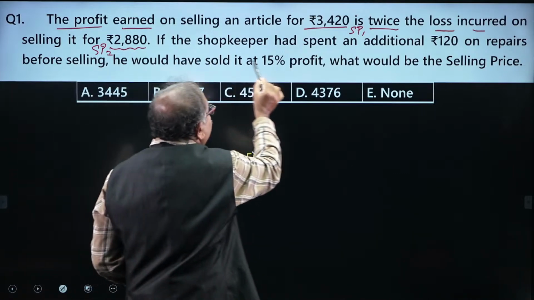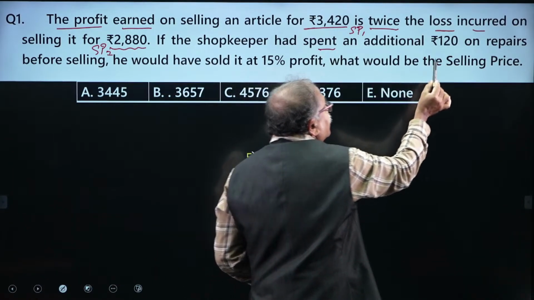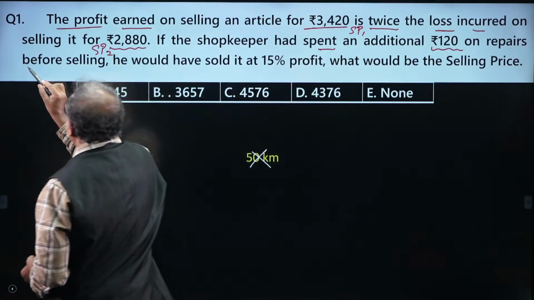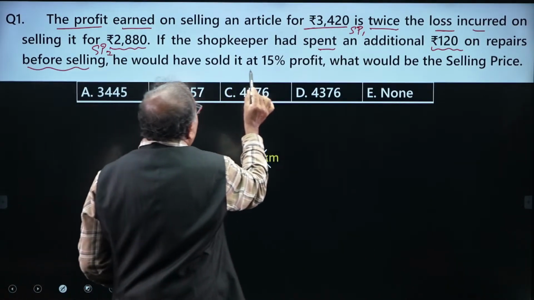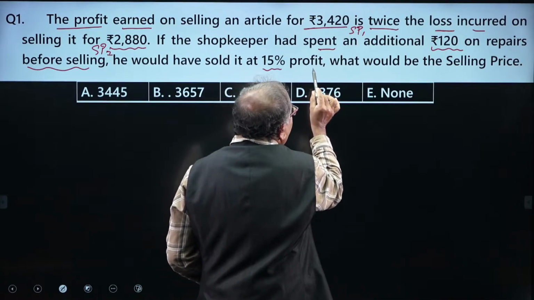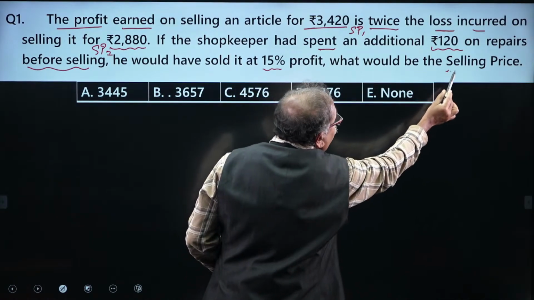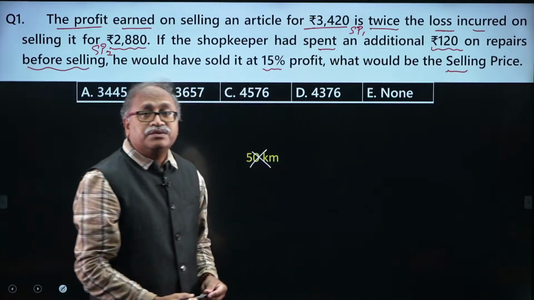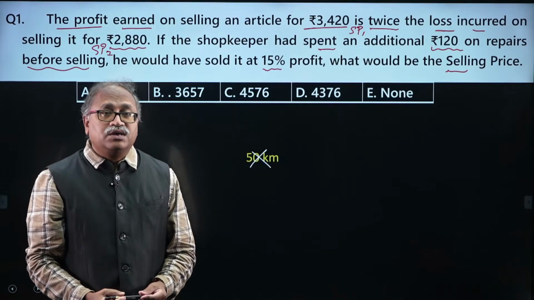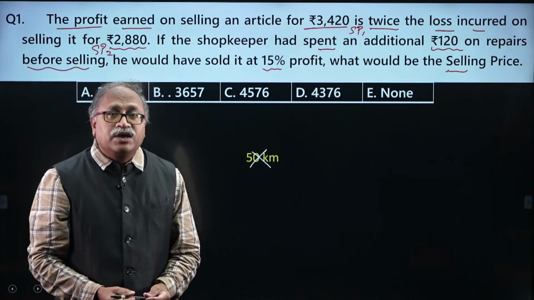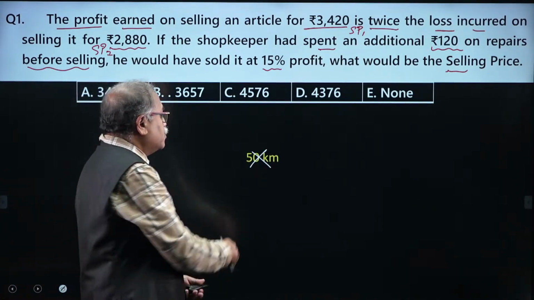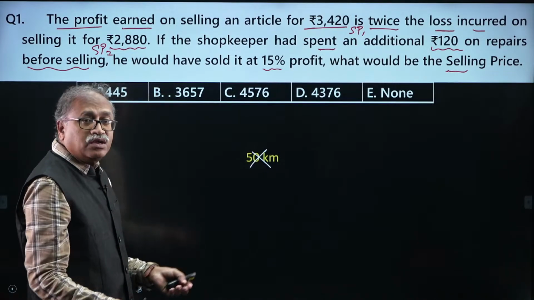So, if the shopkeeper has spent an additional rupees 120 on repairs before selling, then he would have sold it at 15% profit. Then what will be the selling price? Right, my dear friends, there is a shortcut, a speed calculation also. Ignore this 50, by mistake it is in all the slides.